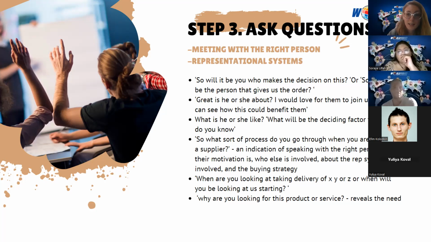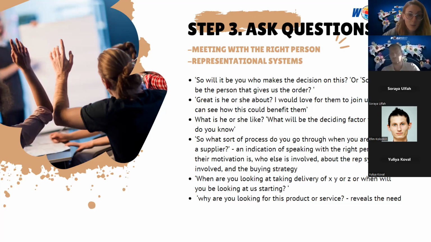So if we ask how they usually make decisions, we might receive an answer that, well, he usually says that he needs to see different offers before. So in that way, we know that probably he's a visual person, or that if it feels right, then he will buy. Then most probably it is a kinesthetic person, and so on.